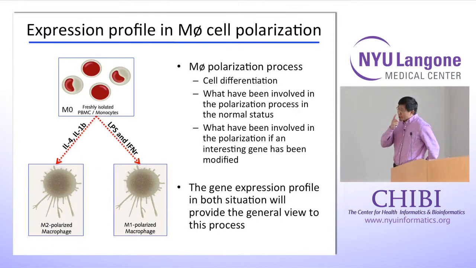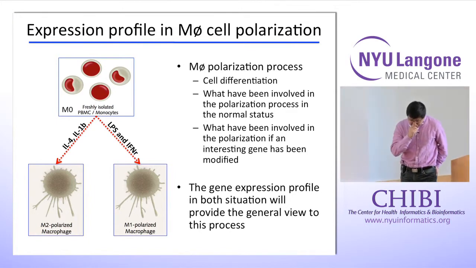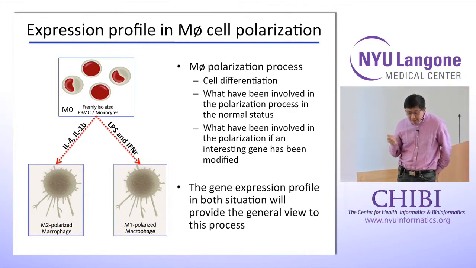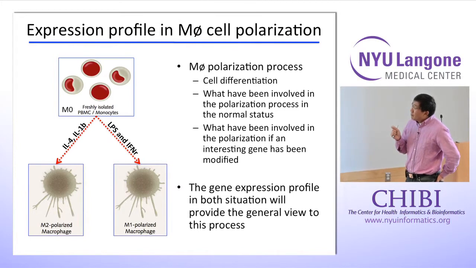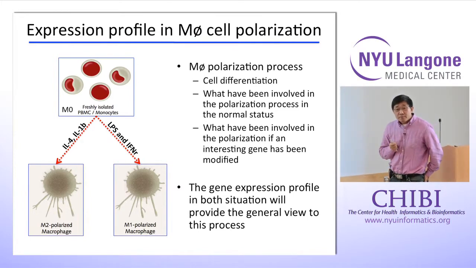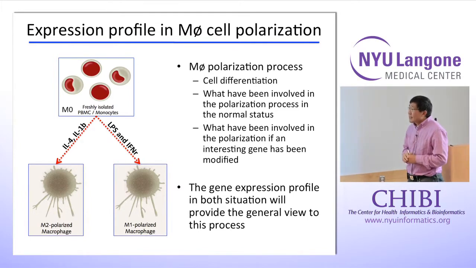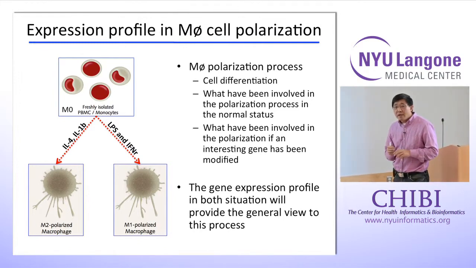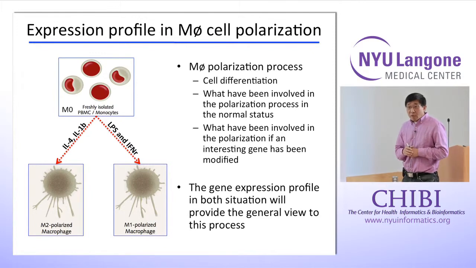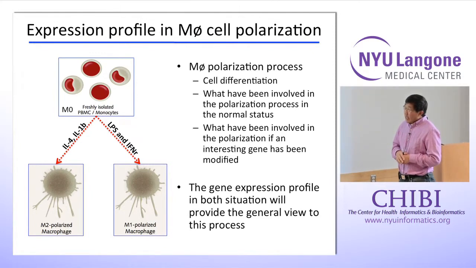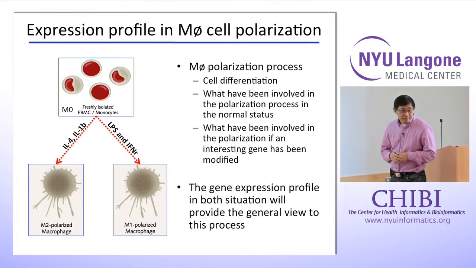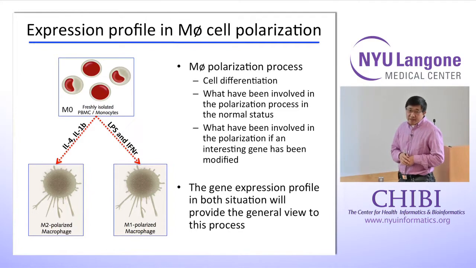The first project I would like to discuss is regarding macrophage polarization. We know the macrophage has two different states. One is a silenced or naive macrophage. And after being exposed to a pathogen, it will become active, which is called polarization.